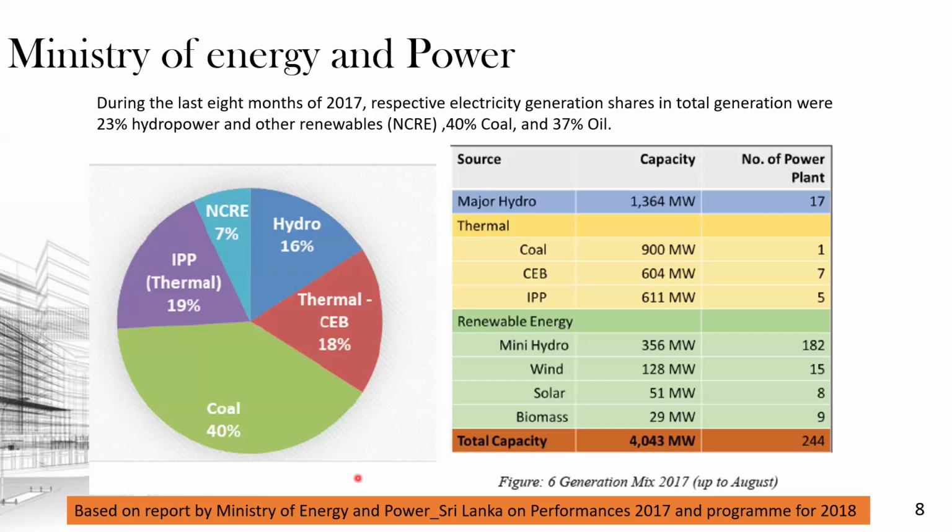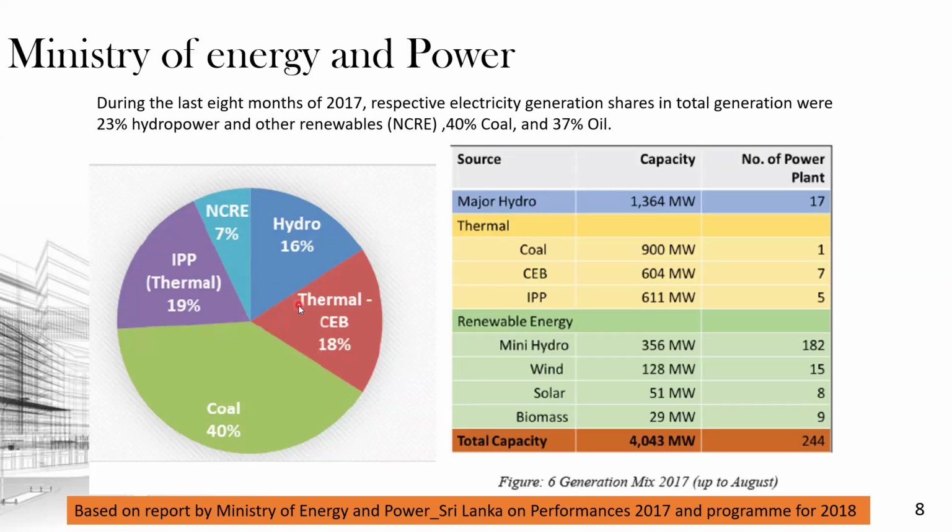So if you look at the website of the Ministry of Energy and Power, they publish a lot of resources in order to show what our consumption is. For example, here is a summary of electricity generation. What are the sources they are using?